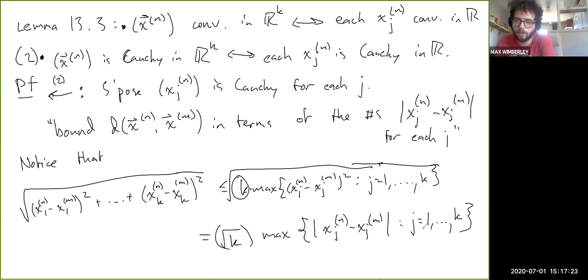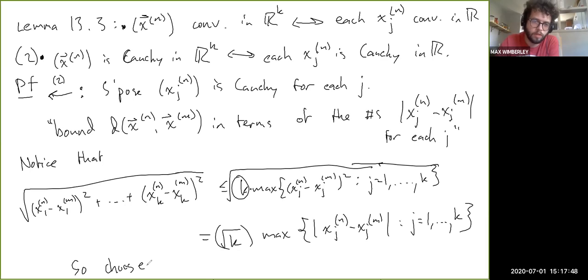Now this is written directly in terms of these numbers. So by forcing these numbers to be smaller than something related to epsilon, something like epsilon over square root of k, we'll make this thing less than epsilon.